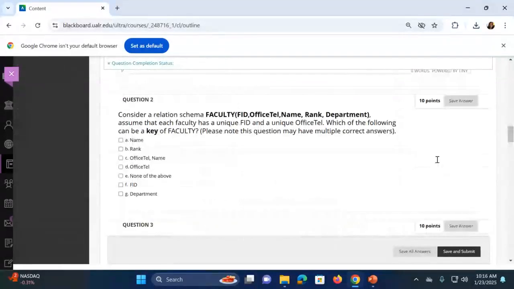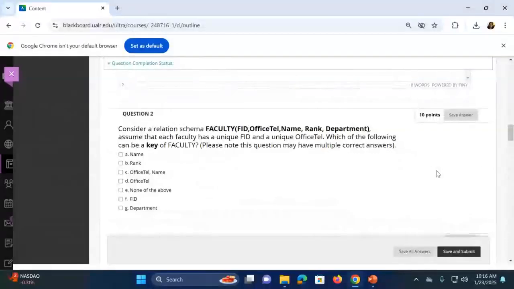So let me first do the key questions. For example, this question is asking about a relation schema. It's a table, Faculty is the table name, with faculty ID, office telephone number, name, rank, and department. So there are 5 attributes. And assume that each faculty has a unique faculty ID and a unique office telephone number.